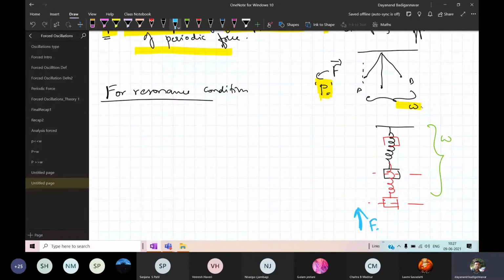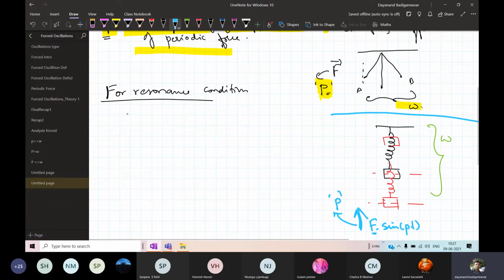The force is applied at a frequency of sin pt. Here you are applying the force at this angular frequency. So P is the frequency of the application of the force. Omega is the natural frequency. Similarly here, omega is the natural frequency of the pendulum and P is the frequency of the applied force.